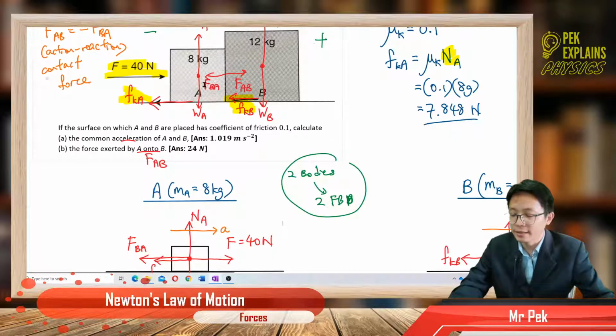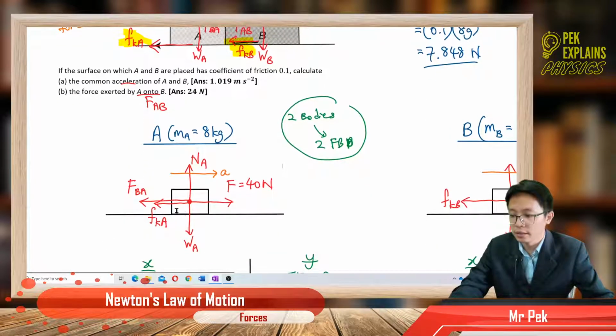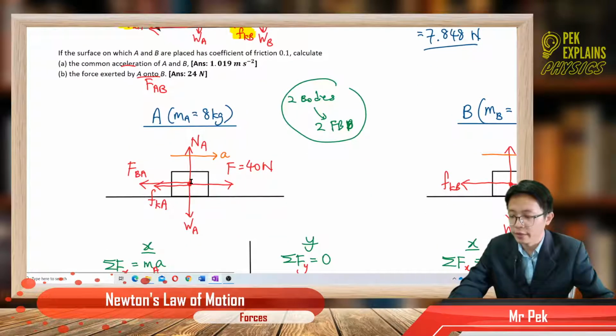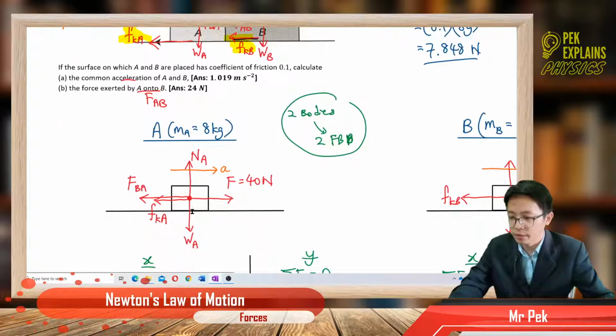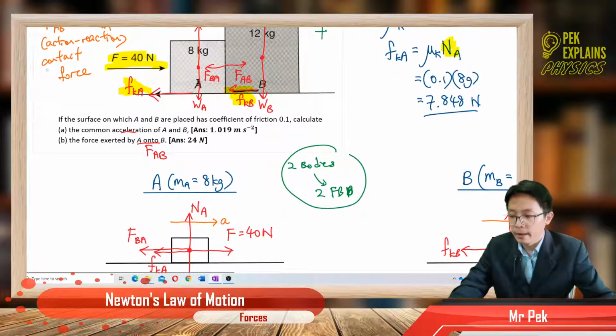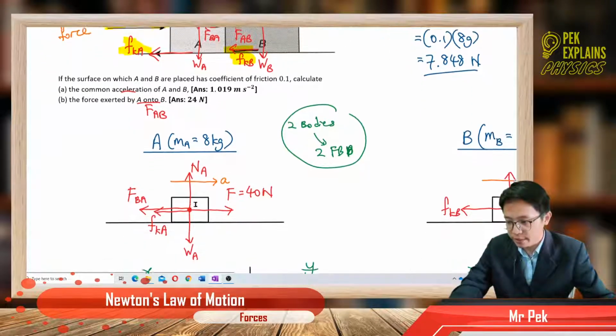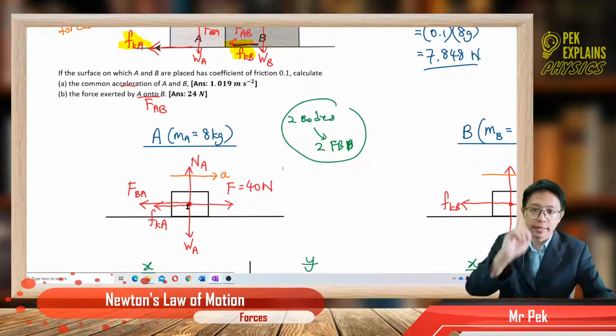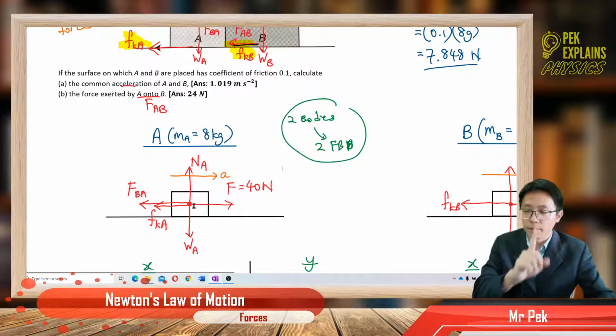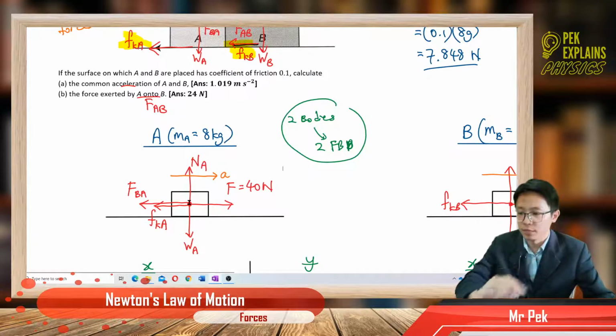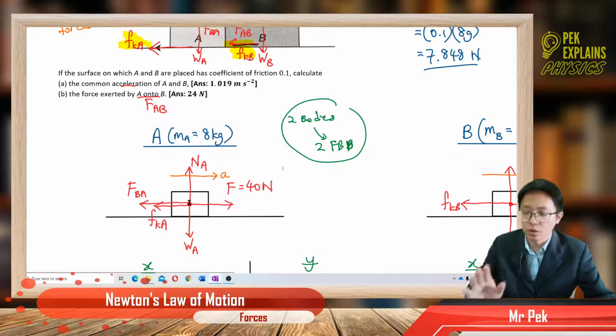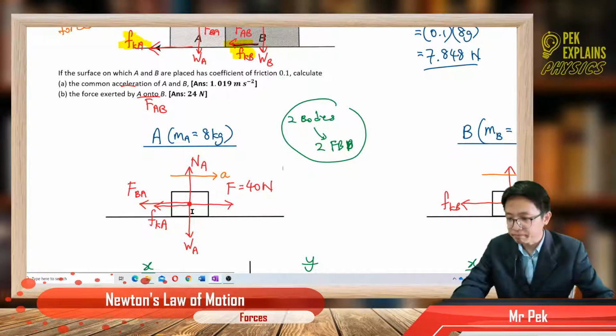The forces acting on block A are this. Remember, the body we just represent by one point, only one point mass to represent the object. So all the forces must be drawn at that point.